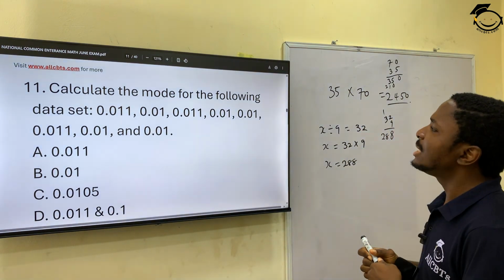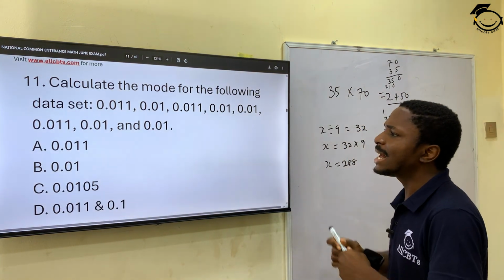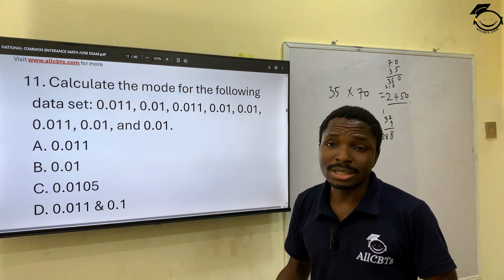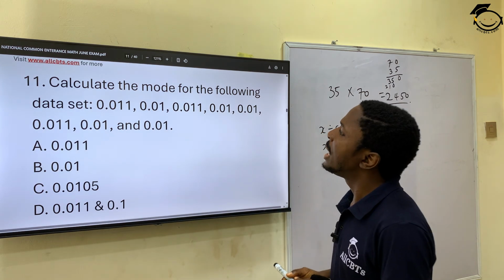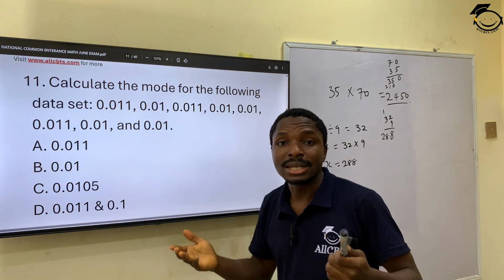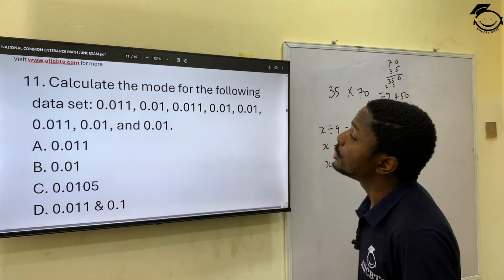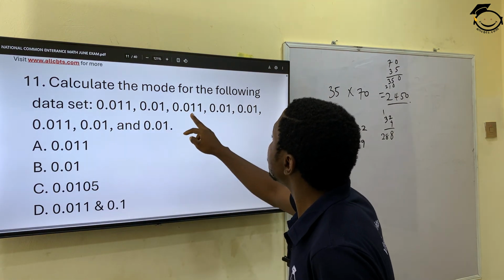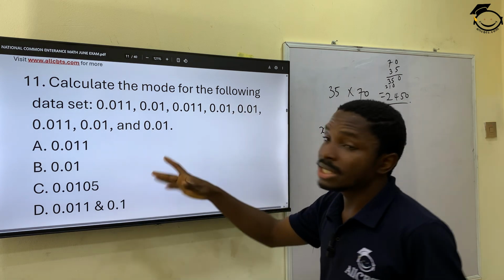Question 11. Calculate the mode for the following data set. What is mode? Mode is the number occurring the most in the data set. You have 0.011, 0.01, 0.011, 0.01. This one doesn't need calculation.